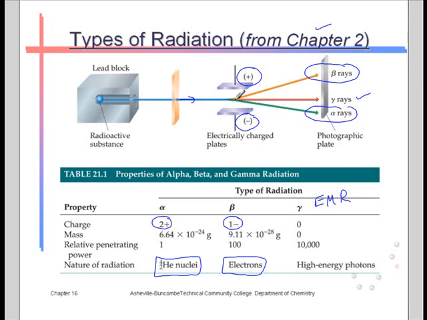So if you have a constant force being applied across this electric field, then a big, fat, heavy bowling ball isn't deflected as much as something like a ping pong ball, which would be deflected to a greater extent. So what it's telling us is that the beta particle is much lighter, which we know. We can actually see the values here, 10 to the minus 28 versus 10 to the minus 24.